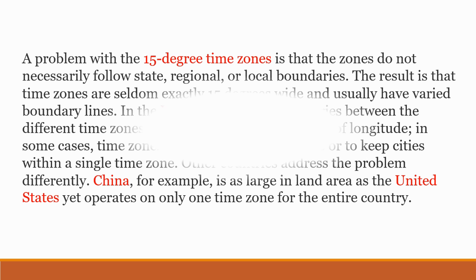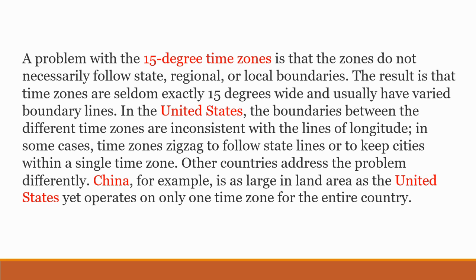A problem with the 15-degree time zones is that the zones do not necessarily follow state, regional, or local boundaries. The result is that time zones are seldom exactly 15 degrees wide and usually have varied boundary lines. In the United States, the boundaries between the different time zones are inconsistent with the lines of longitude.